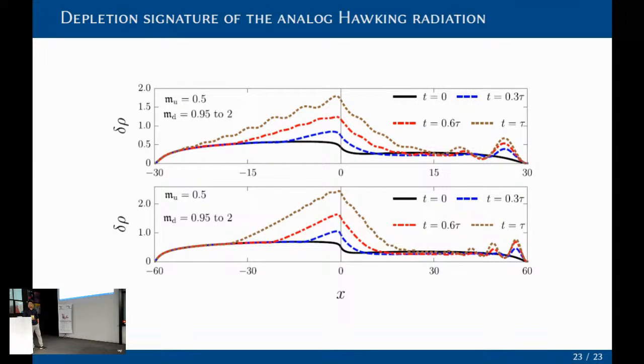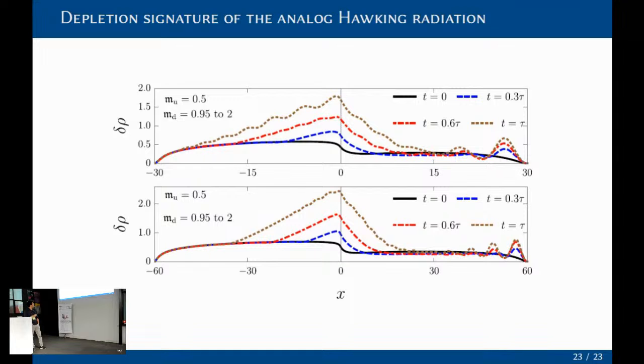When we do that, we can actually build an exact solution for the quantum depletion in the system. So we start with these black curves. Let's pay attention to the lower panel. This black curve is just the initial stationary atom laser. So this is quantum depletion in that configuration. And then we perform a quench in the downstream Mach number to form a black hole.